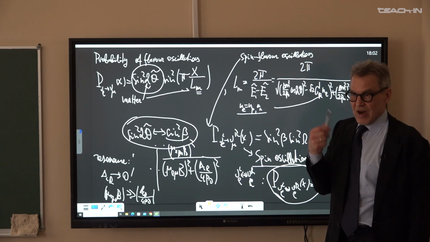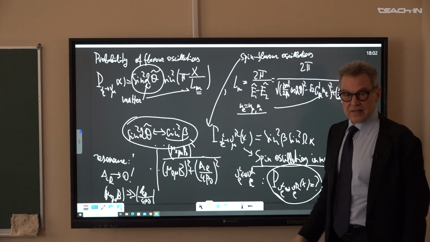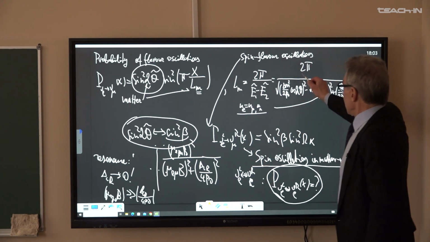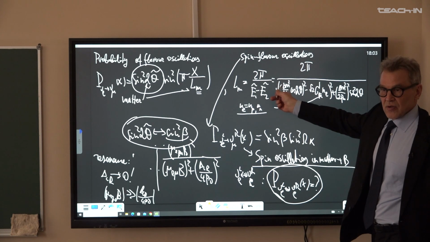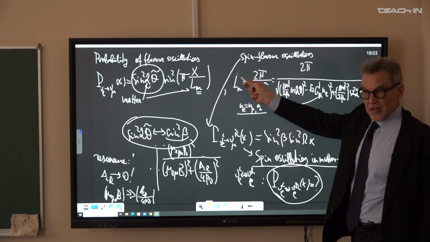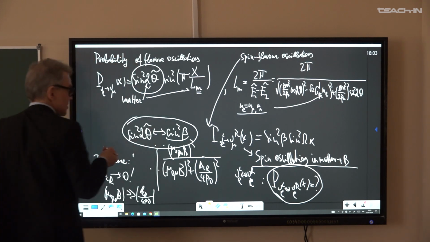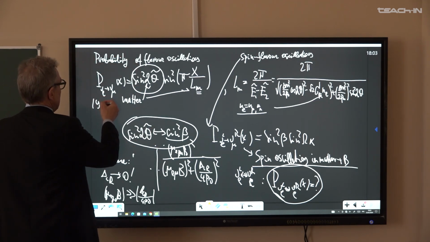It depends on the structure of the real magnetic field that can organize this oscillation resonance. And if you remember, for sure, the Mikheyev-Smirnov-Wolfenstein resonance is an amplification of flavor oscillations, but in the case of spin flavor oscillations, this phenomenon was first theoretically discovered in a paper published in 1988.